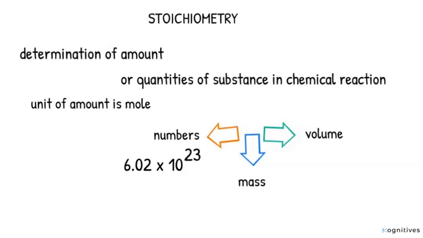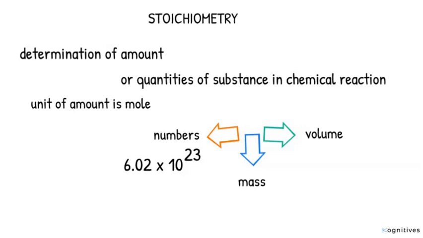In like manner, 1 mole of oxygen molecules is equivalent to 6.02 times 10 raised to power 23 oxygen molecules. So in this manner, we can represent the mole as a number, where mole at any time being spoken of can be represented with the number 6.02 times 10 raised to power 23.